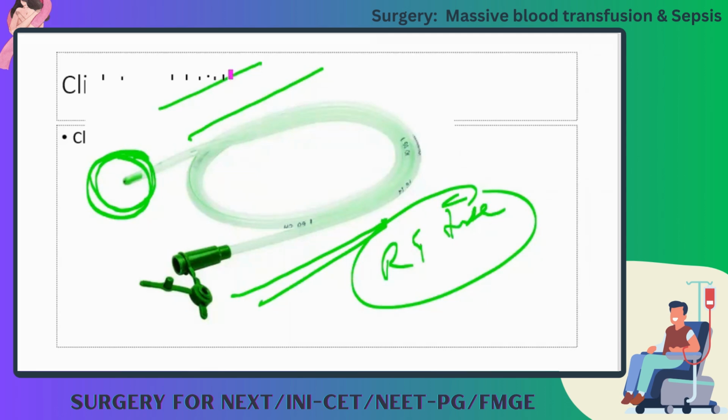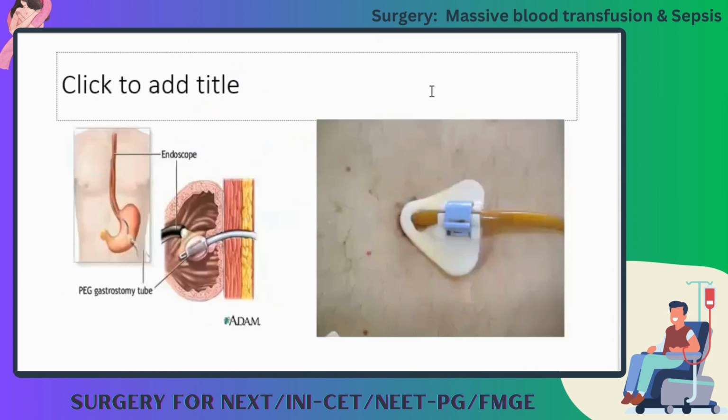So this is a Ryle's tube for feeding. This is for giving feeding to the patient. And what is this? The surgeon did an endoscopy.